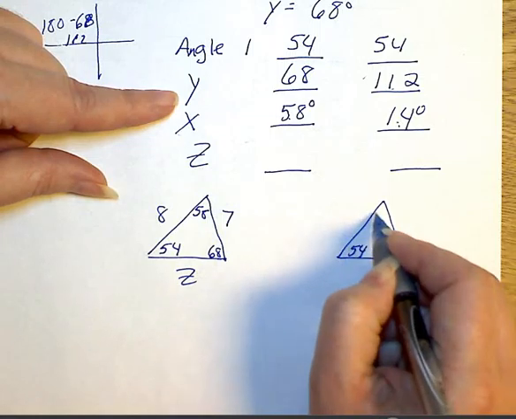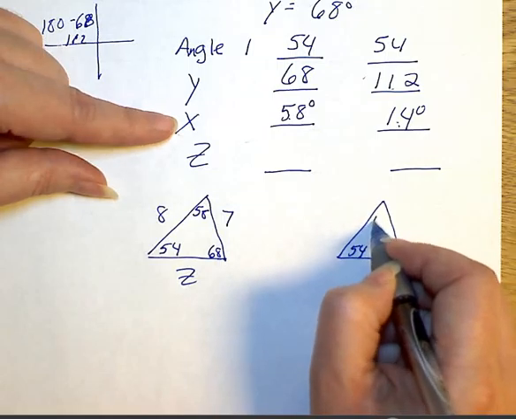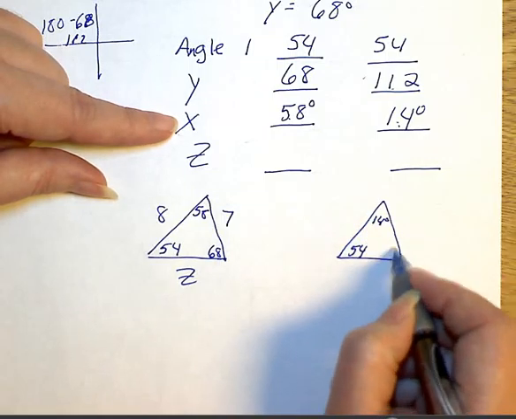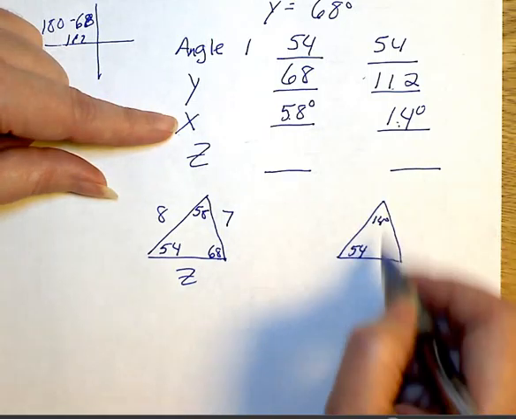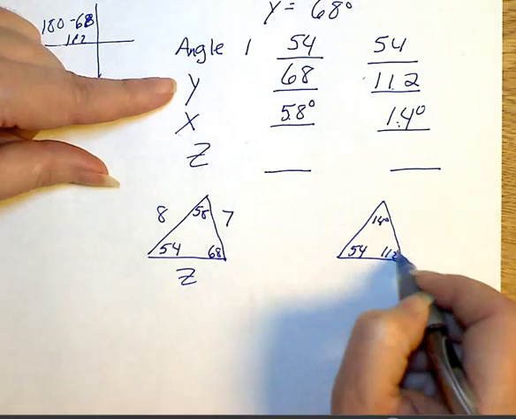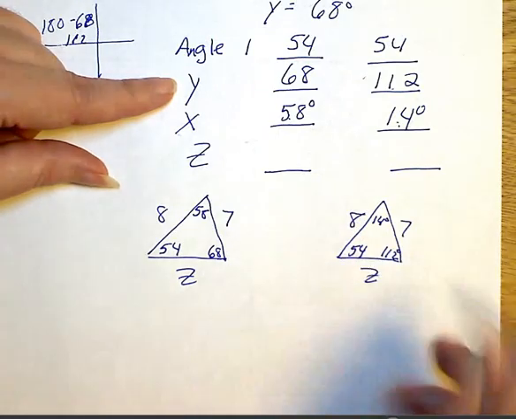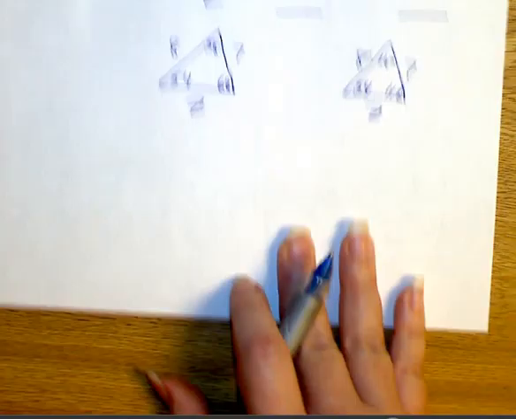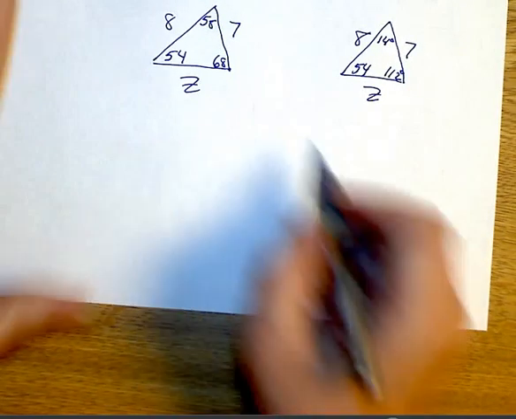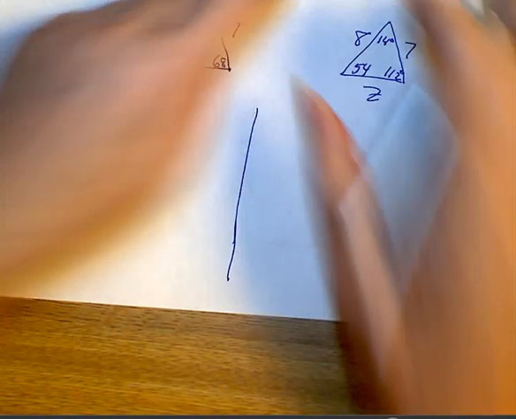Our angle up top was our X, so that's 14. And down here is our Y, which on this one is 112. Again, our sides are 8 and 7, so now we need to find Z. So you will have two problems to solve to find our Z's.